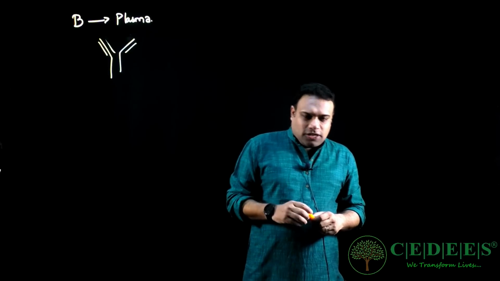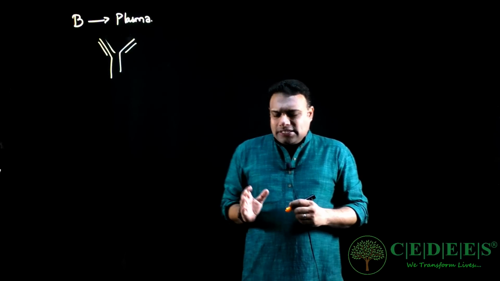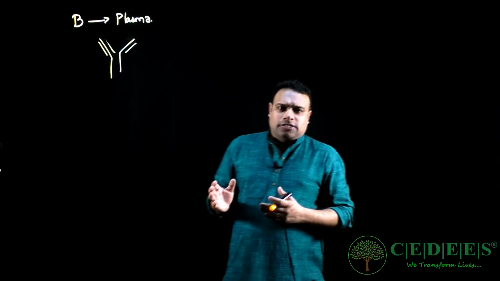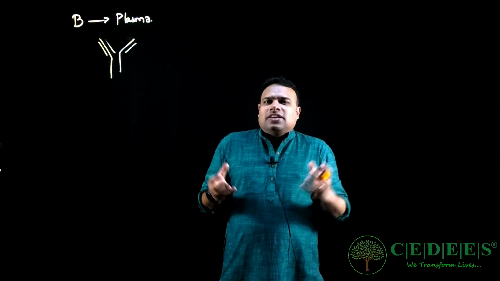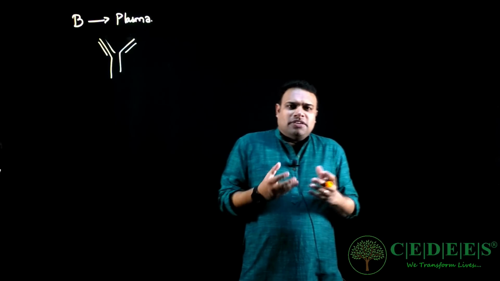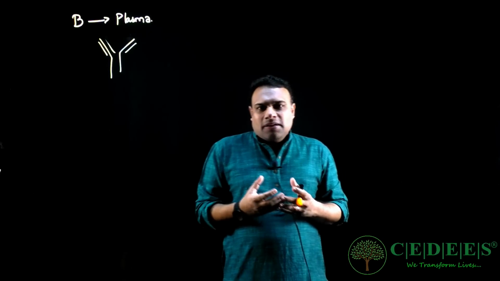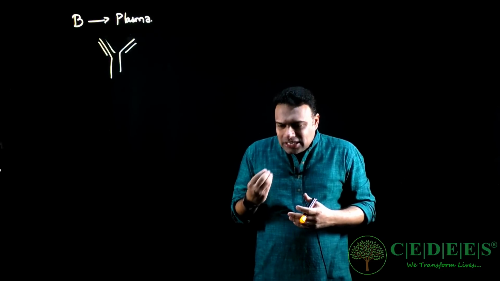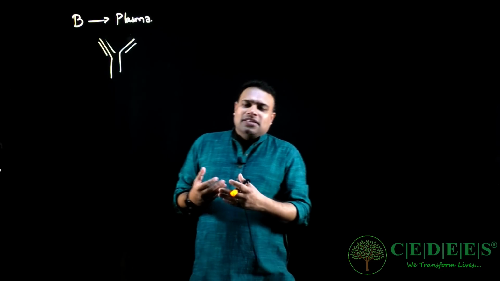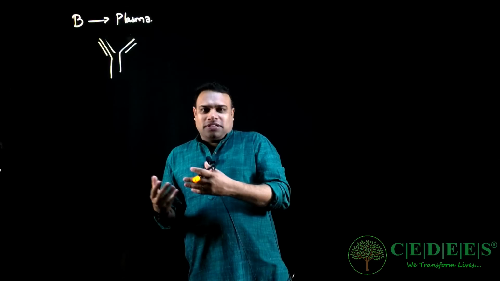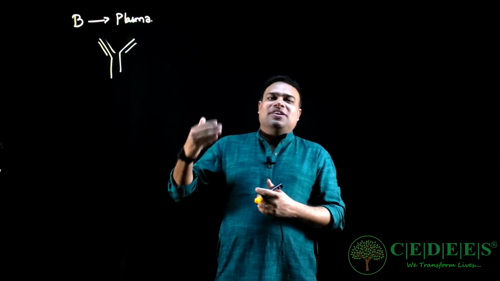Normally, whenever there is an infection, let's say in you and me, a lot of these lymphocytes of different clones get activated. So you have plasma cells which are basically polyclonal. But in multiple myeloma, it's only a single clone which basically forms these cells. And that is why it is called monoclonal gammopathy, monoclonal hyperglobulinemia.